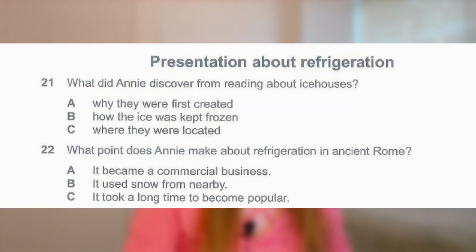Let's see which keywords we can underline here. It's: what did Annie discover from reading about ice houses? A, why they were first created; B, how the ice was kept frozen; C, where they were located. Pay attention to the first words: why shows the reason, how shows the way something is done, and where shows the location.